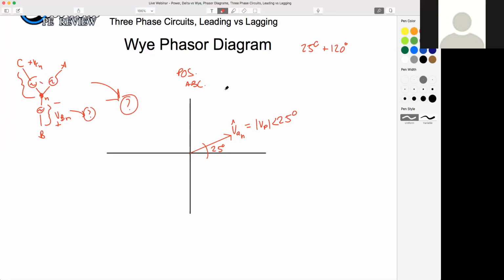So negative 95. Yep, everyone that's saying negative 95, you are correct. Let me check my math here. Yep. So all we did is we just said 25 degrees minus 120 degrees.